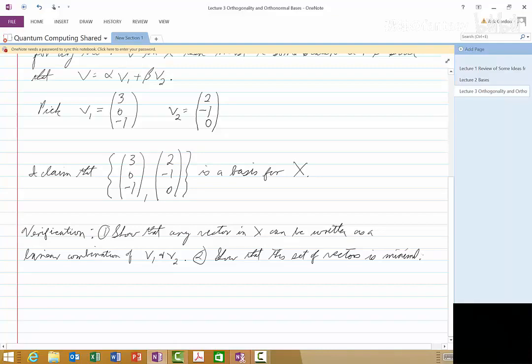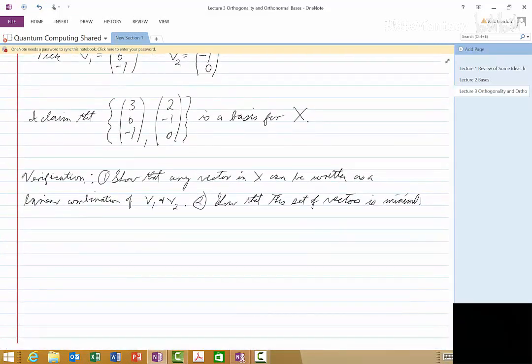In other words, if we took one of them away, then we could not write all the vectors in X in terms of the one remaining vector. But as long as we have both of them, then we can write all the vectors in X in terms of those two.